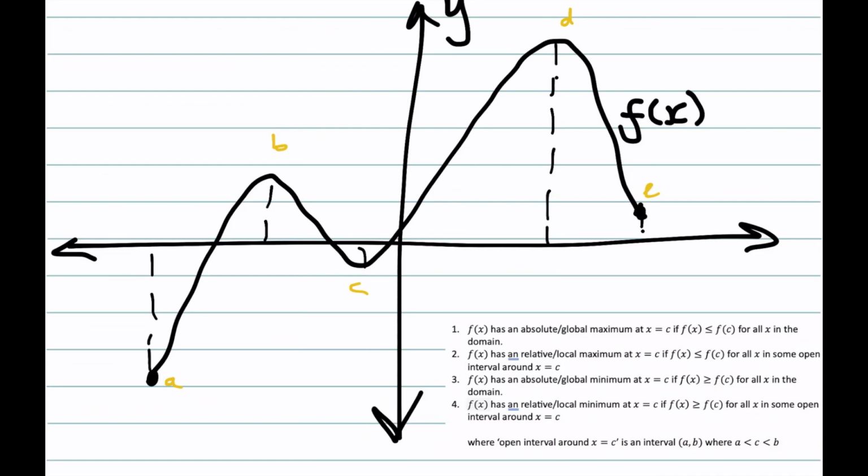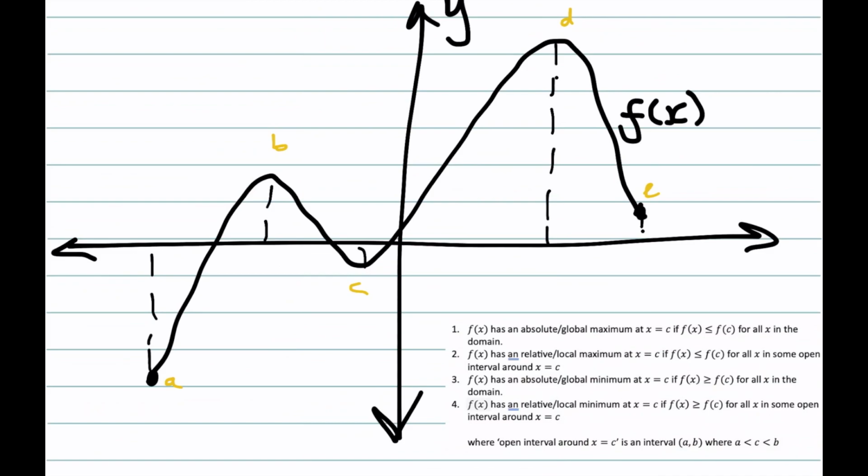So let's look at what these types of minimum and maximum values look like on a graph. I've labeled the stationary points of this function f of x and the endpoints as a, b, c, d, and e. Let's start off with d.